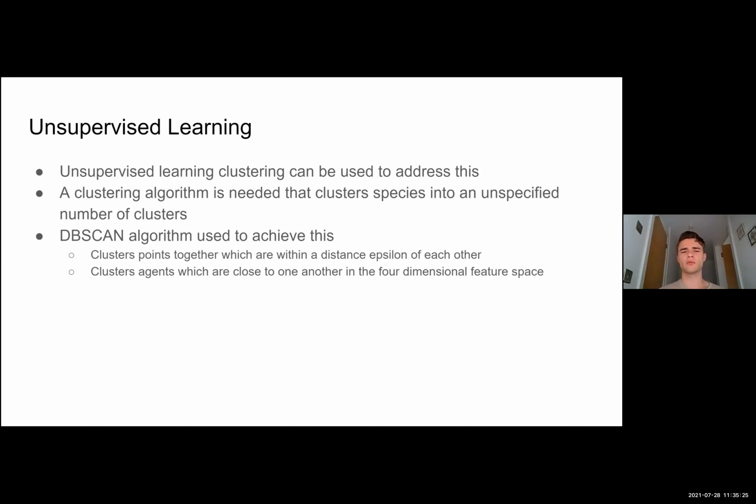So an algorithm like k-means clustering would not be applicable, for example, because that requires a set number of clusters. So instead, I used a DBSCAN algorithm to achieve this. Quite simply, this algorithm clusters points together which are within a set distance epsilon within the four-dimensional feature space of the four continuous features.